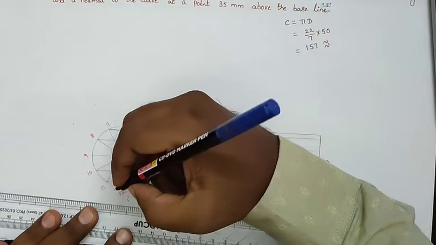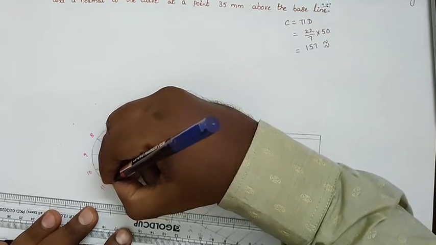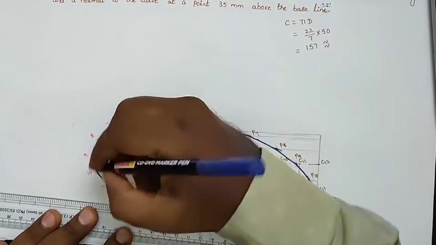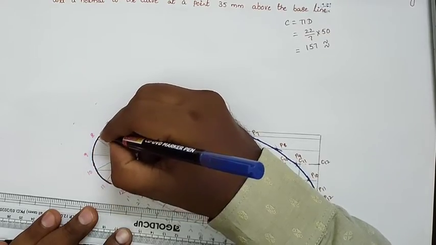Draw the thick lines and thin lines. Here the rolling circle is also a thick line. We can represent it as a thick line.